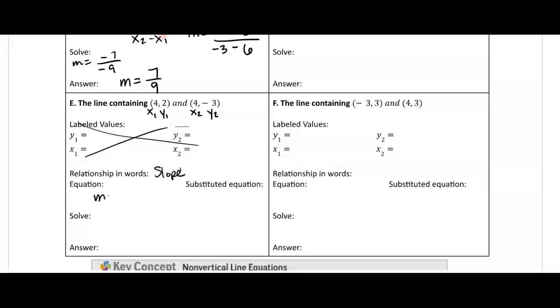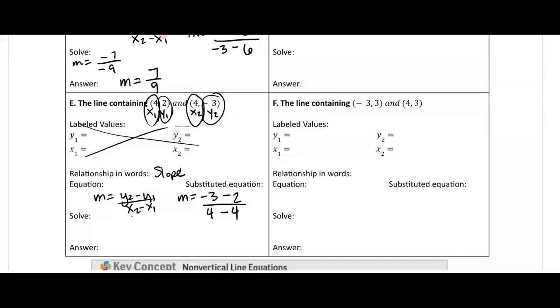Our equation is m equals y2 minus y1 over x2 minus x1. Substituting that in, m equals y2, that's negative 3, minus y1, that's 2, over x2, that's 4, minus x1, also 4.